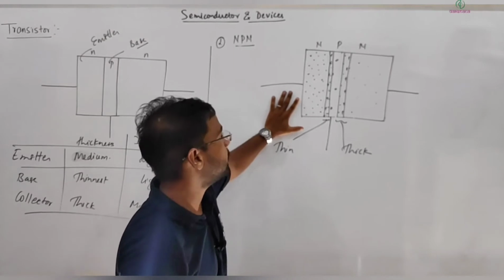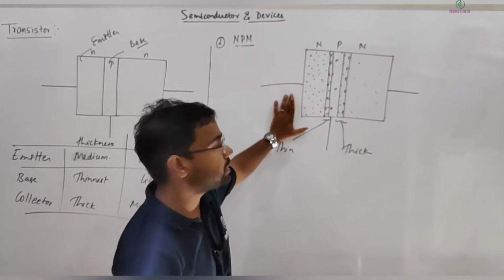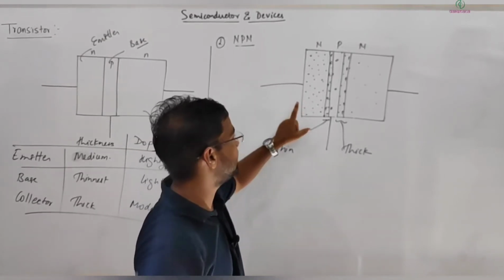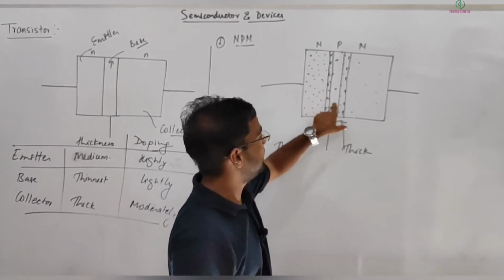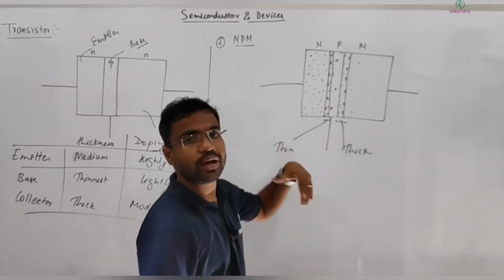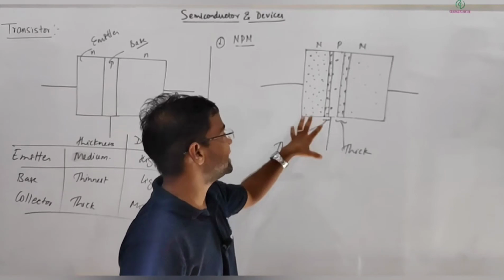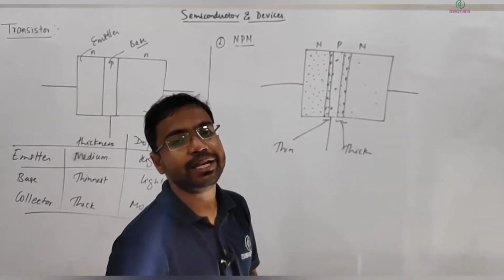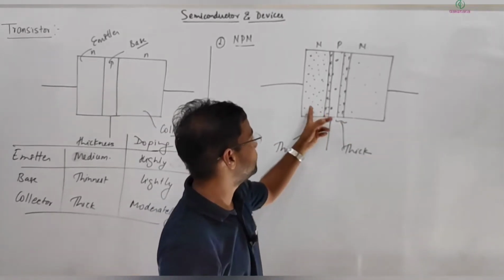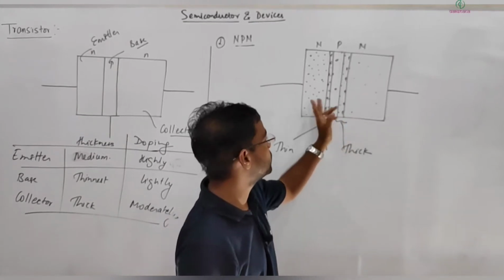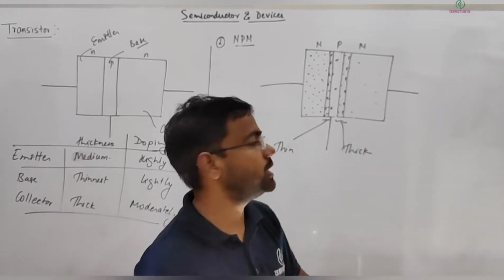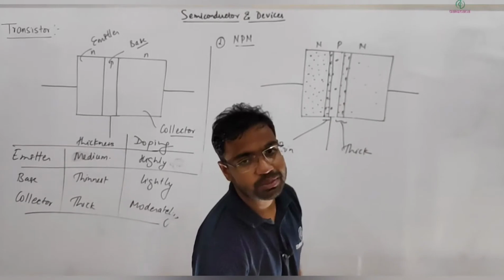In this situation, when it is connected to some circuit, always here this is emitter, base, collector. In operation, this can be connected in many different possible ways. It can be forward biased, it can be reverse biased, both can be forward biased, both can be reverse biased, this can be reverse biased and this can be forward biased.